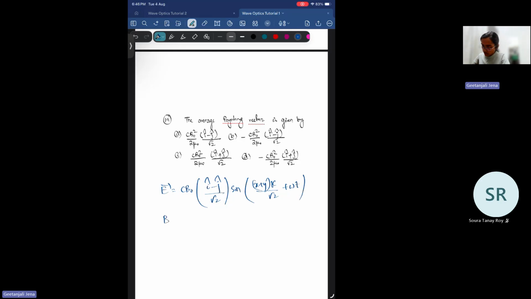This is E. B is already given in the question: B0 (k) sine (x plus y k by root 2 plus omega t).